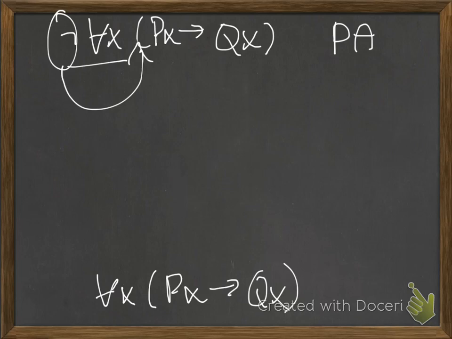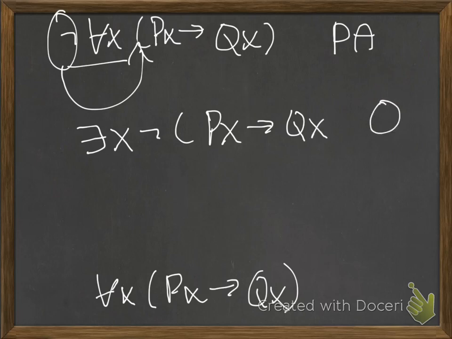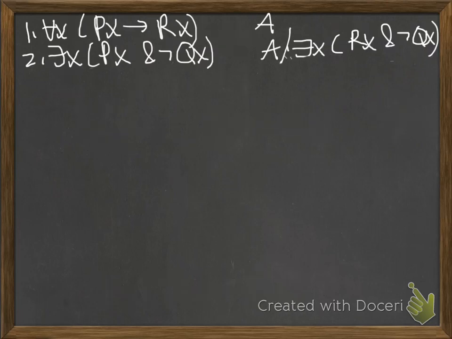So from it's false that for all x, if Px, then Qx, what we will get by quantifier exchange is there exists an x such that it's false that if Px, then Qx, by quantifier exchange. So I'm going to show how the rules of universal out, existential out, and existential in work in the context of a proof.